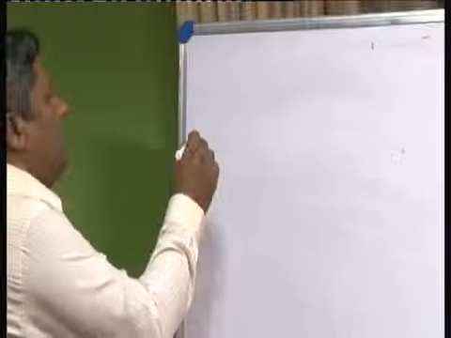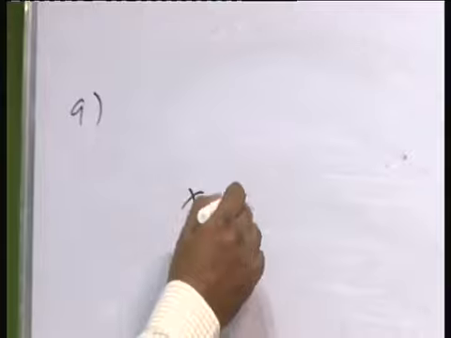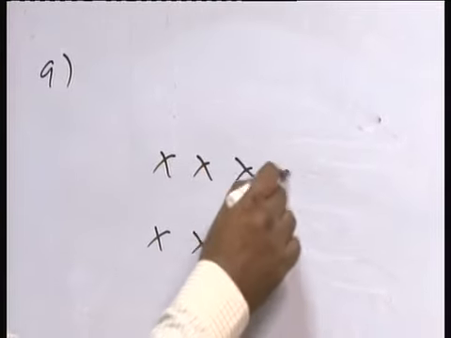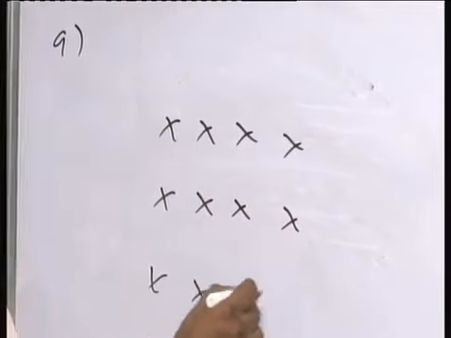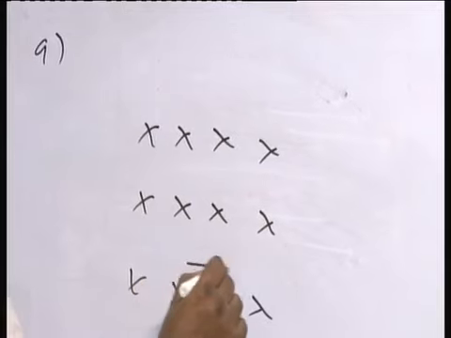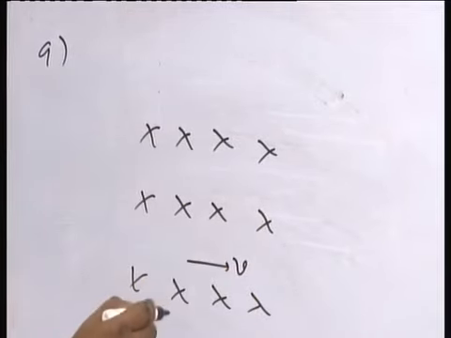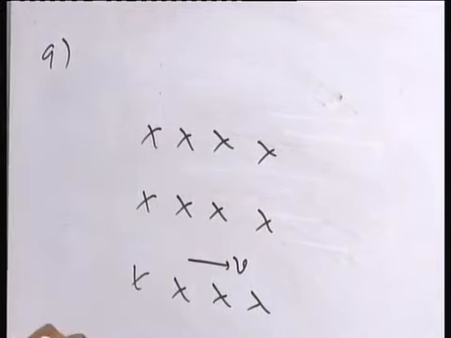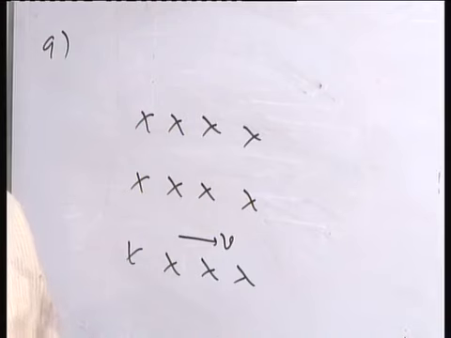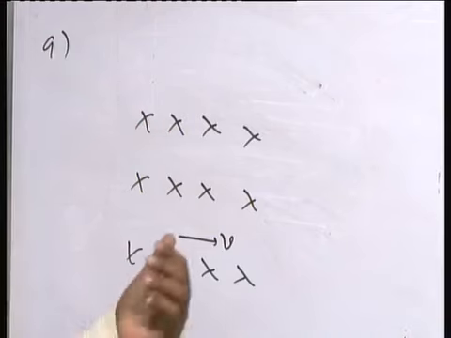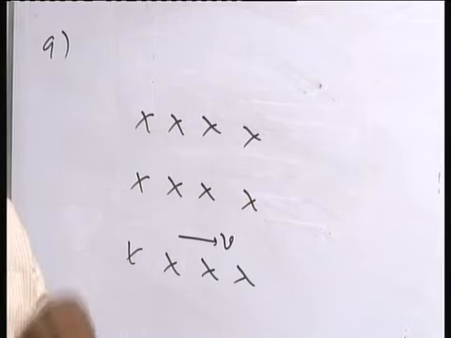Suppose you take magnetic field as into the plane of the board, and if you project a particle with a velocity v, now you can see velocity is along x-axis and magnetic field is along negative z-axis. So velocity and magnetic field are perpendicular, and we are finding velocity of the particle after time t equals 1 by 12 second, because we all know that when a charged particle enters the magnetic field, when it experiences force, its direction of velocity changes.